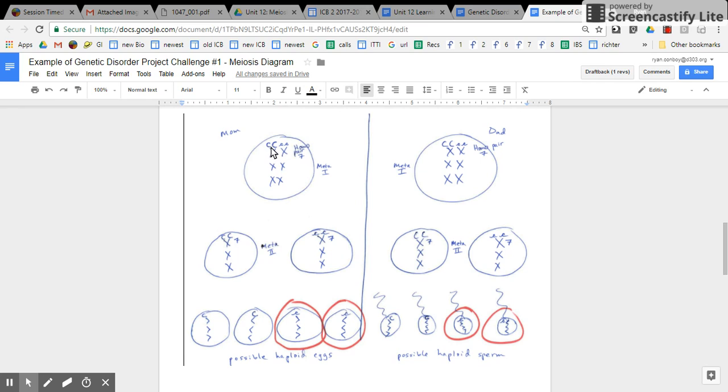Now, you might wonder, why do I have two big C's and two little c's? Well, I do because remember that the information that the mother has gets replicated before meiosis begins. And so we should have two of exactly the same letter found on the same duplicate chromosome.